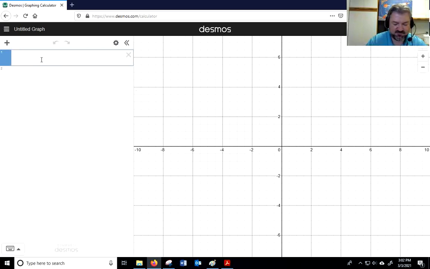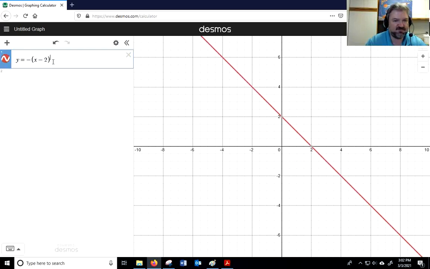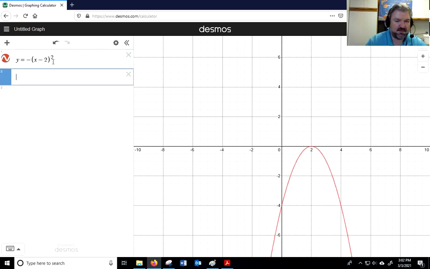And our first function was y is equal to, let me look it up right quick actually, negative x minus 2 squared. And our inverse, we said, was 2 plus the square root of negative x.